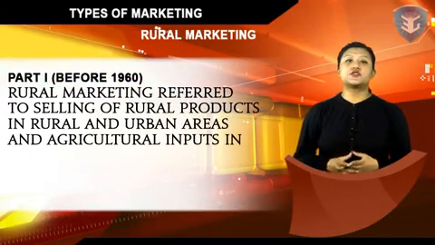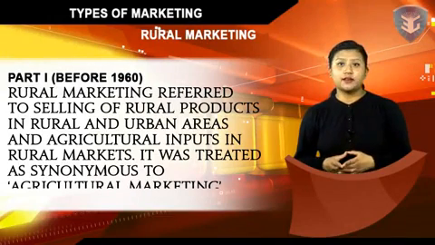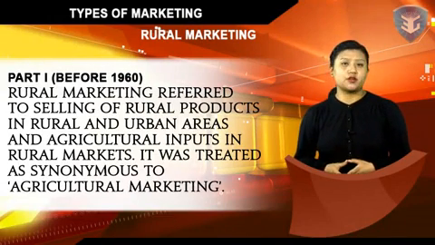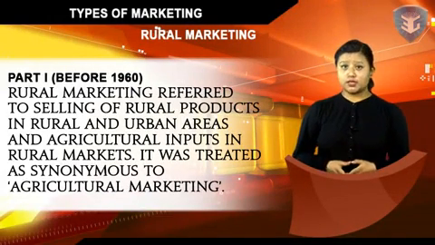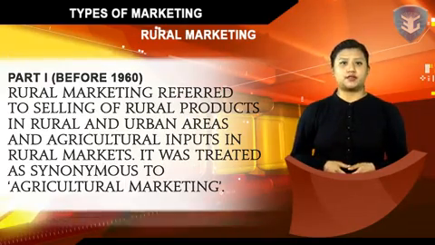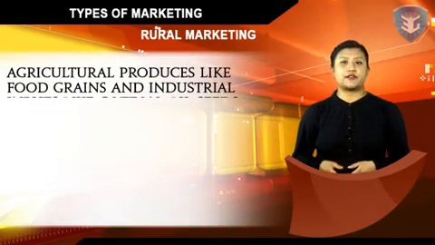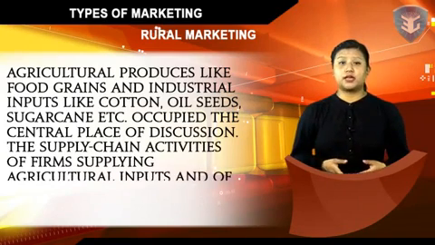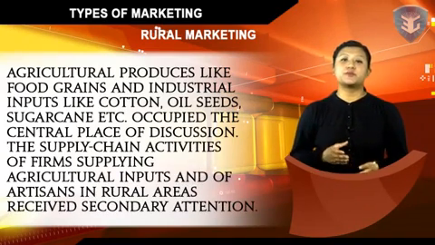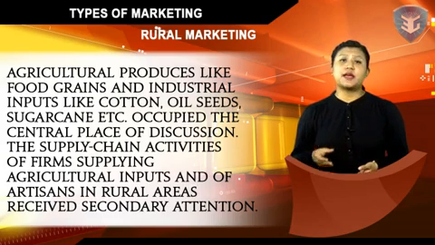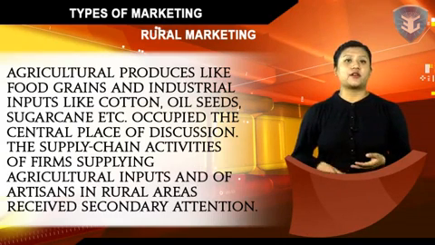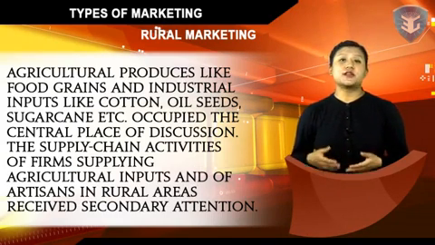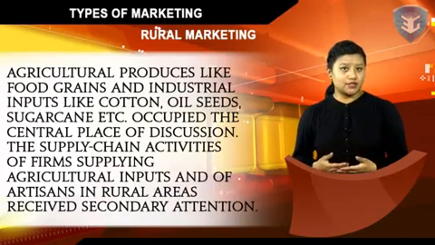Rural marketing referred to selling of rural products in rural and urban areas and agricultural inputs in rural markets. It was treated as synonymous to agricultural marketing. Agricultural producers like food grains and industrial inputs like cotton, oilseeds, sugarcane, etc. occupied the central place of discussion. The supply chain activities of firms supplying agricultural inputs and of artisans in rural areas received secondary attention.